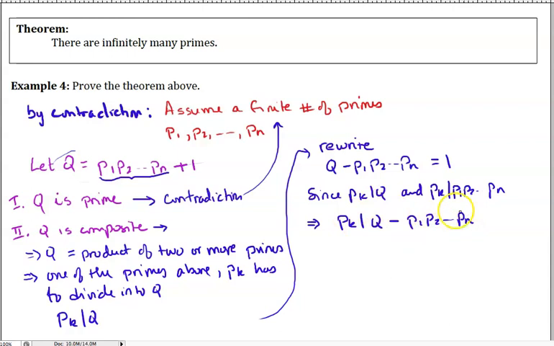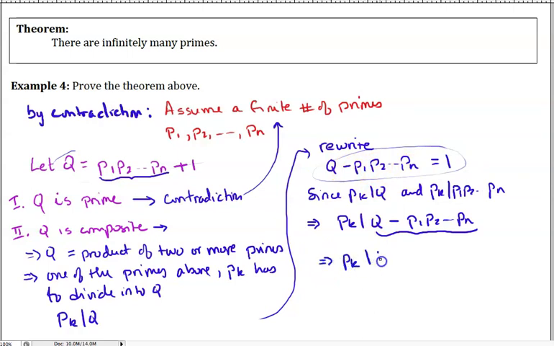I think this is one of the theorems that we proved in the last section, and it also makes intuitive sense: if pk divides into two numbers, it's also going to divide into the difference between the two numbers. But I know from up here that this difference equals 1.